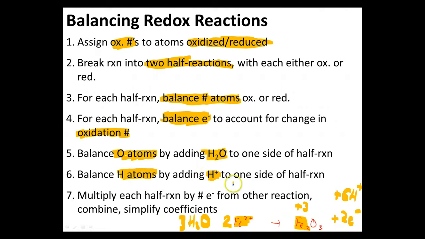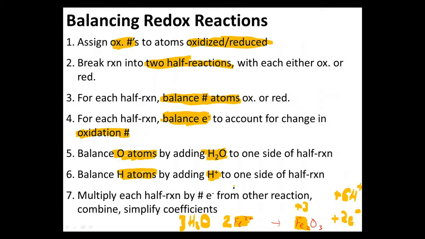Now what we're going to do is combine this with its other half reaction that we've been working on in parallel. Now for that to happen, we just say to ourselves, well, what's the one reactant that they definitely are going to have in common between the two reactions? And one of them is going to be using electrons while the other one gains them. So we need to make sure that the electron number matches between the two, which means we're probably going to have to go ahead and multiply.